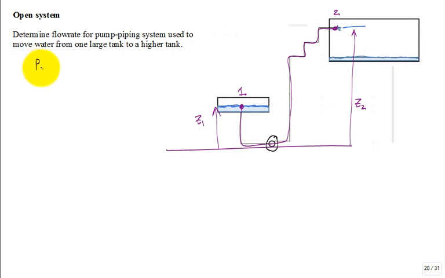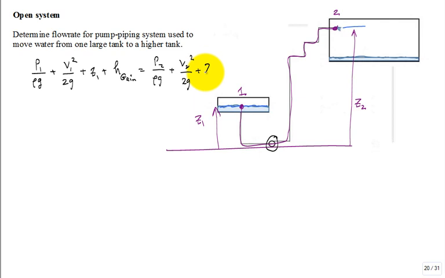So we have the pressure at 1 divided by rho g plus V1 squared divided by 2g plus Z1 plus the head gain by the pump equal to the pressure at 2 divided by rho g plus V2 squared divided by 2g plus Z2 plus the head losses.